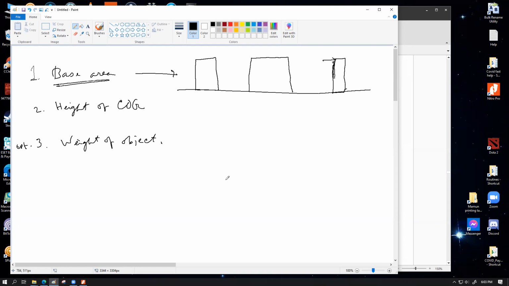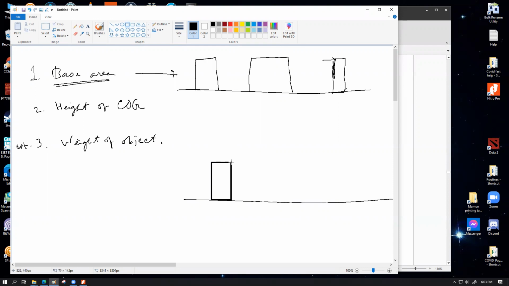For example, I'll go a bit elaborate on this discussion. Let's say we have objects with equal base areas. Equal base areas means, let's say we have an object of this shape and we're going to draw objects of the same shape, but simply of different height.